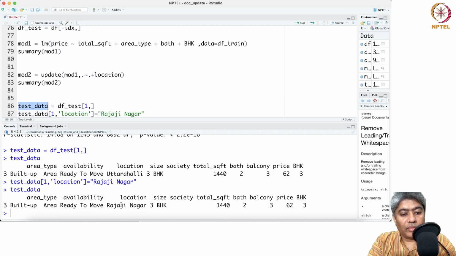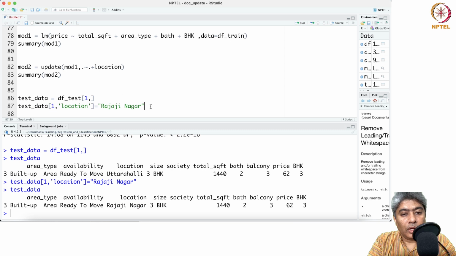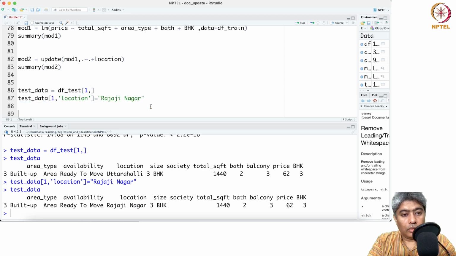So now we have changed it, it was Uttarhalli, but now in the test data we have given the location Rajaji Nagar, and the total square feet will be, say, 1000 square feet.